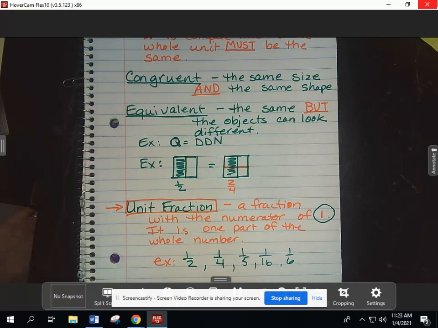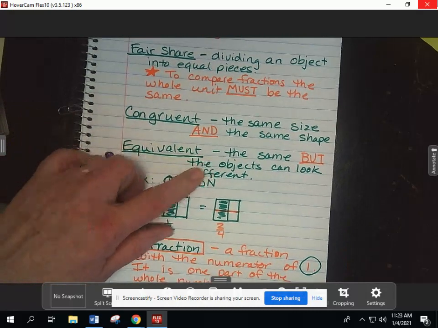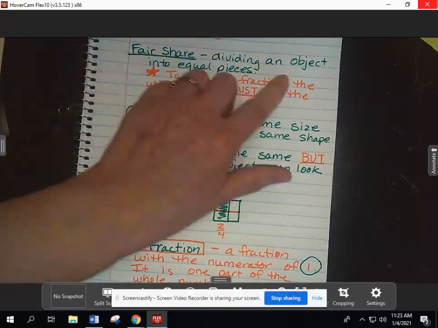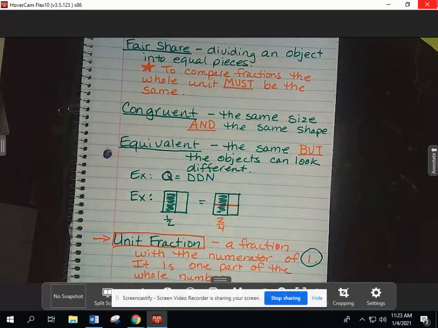Does anybody know what the denominator tells us? The bottom number? The bottom part of the fraction? Brooklyn? How many parts there are in the whole unit? Yep. Which is why we need to know if they're equivalent, and they need to be the same size and shape, and we're going to be dividing them into equal pieces, which is why we have to know all of this.